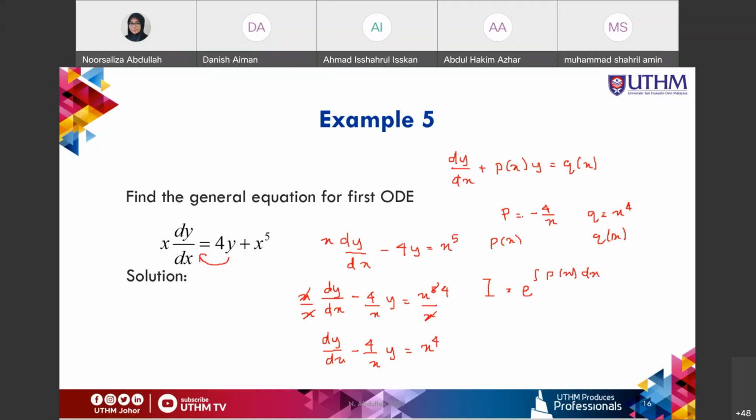Okay, so what is Px? Px is minus 4 over x. Betul? So you integrate minus 4 over x, you get minus 4 ln x.